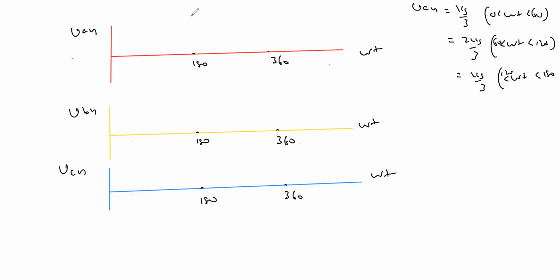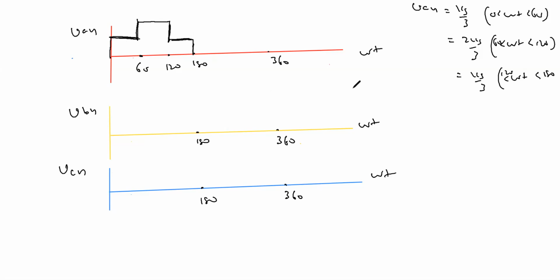So let me show that here now. I'm showing VS by 3 up to 60, then 2VS by 3 from 60 to 120, again VS by 3 at 180.